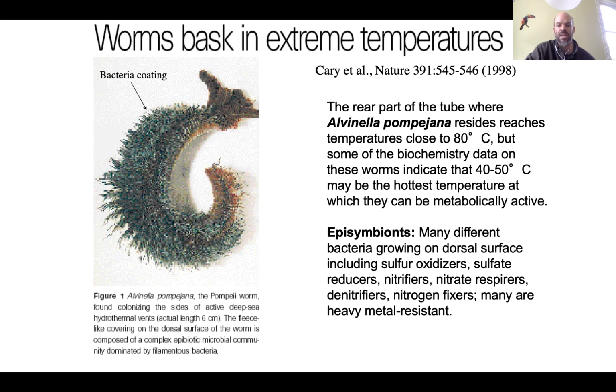So that's the difference between an endosymbiont and an episymbiont. An episymbiont is growing on the outside of the animal body. And there's a whole ecosystem of microbes growing on the outsides of the bodies, including sulfur oxidizers, sulfate reducers, nitrifiers, nitrate respirers, denitrifiers, nitrogen fixers. Many of them are very resistant to the heavy metals that are pouring out of the chimneys themselves.